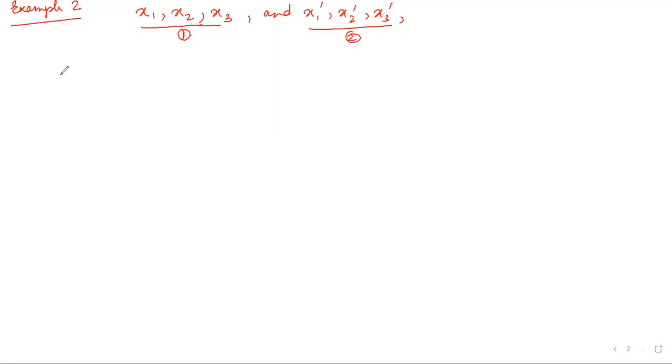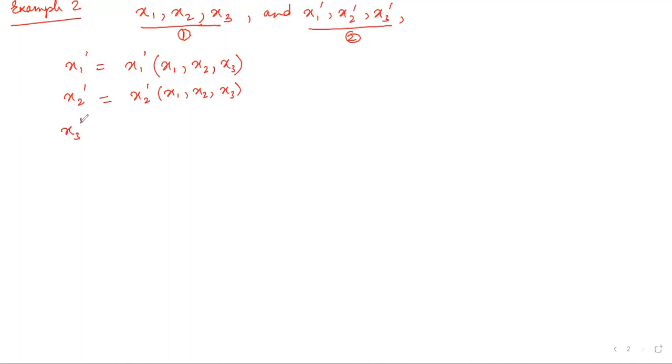Say, for example, let me write it here. We write x1 prime as some function of x1, x2, x3. Then x2 prime is again some function of x1, x2, x3.